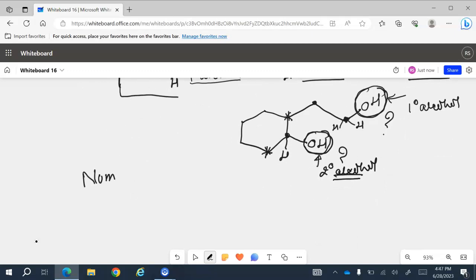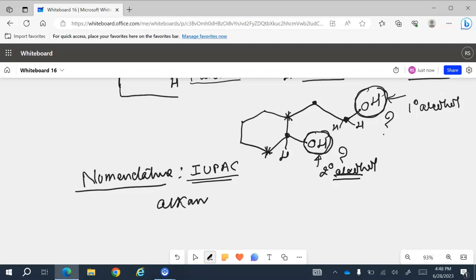Now, the next very important point that we want to discuss is the nomenclature of alcohol. Nomenclature means how we name the alcohol, and we focus on IUPAC naming. In the IUPAC system, alcohols are named using the alkane, and we use OL as the suffix.